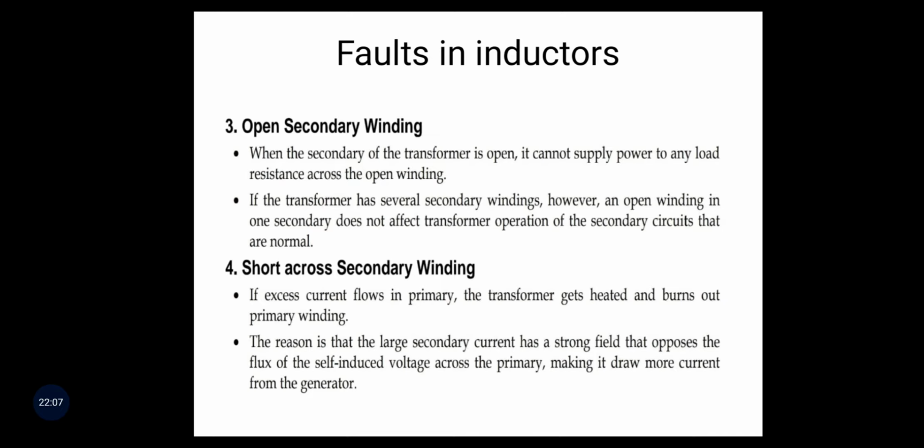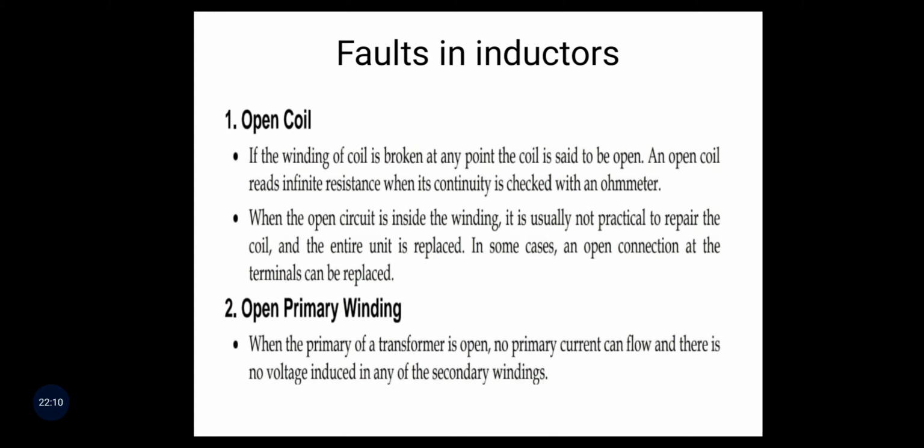What are the faults? First one is open coil. If the coil is open, then no current flows. It shows infinite resistance. That is open coil. Next, open primary winding.